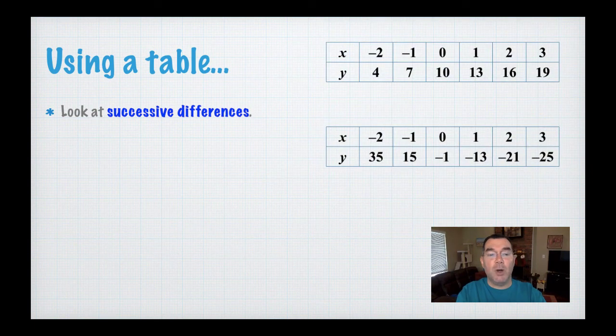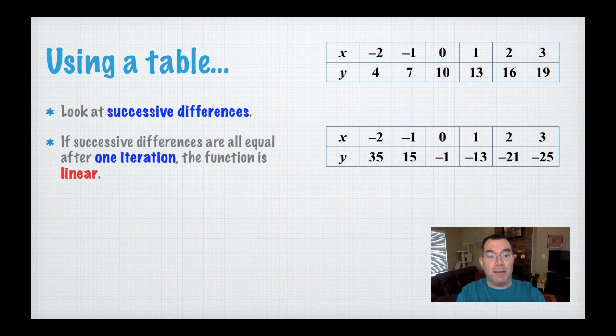All right, so if you want to know which type of function that you're dealing with, one way to figure that out is to look at successive differences. In other words, look at the y values and how they're changing as your x's go up by ones. Okay, so if all of those successive differences are equal after just looking at one iteration, then the function is linear.